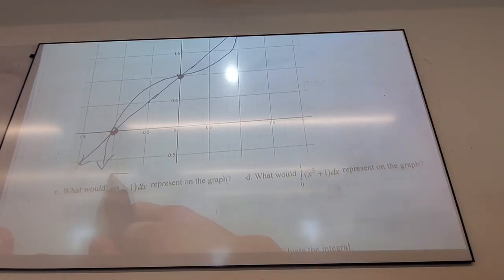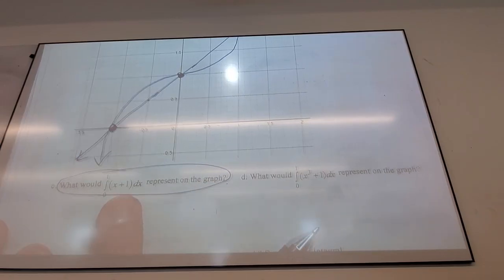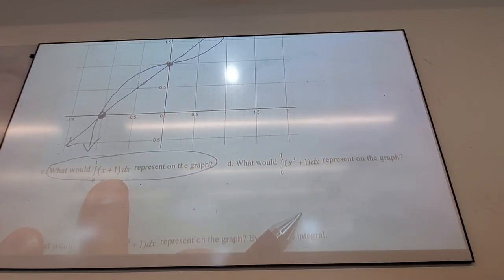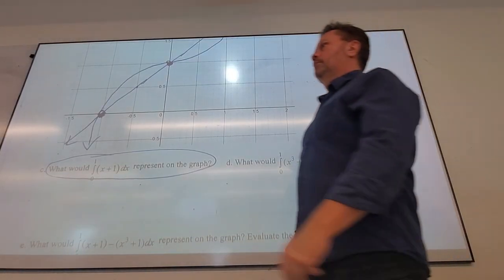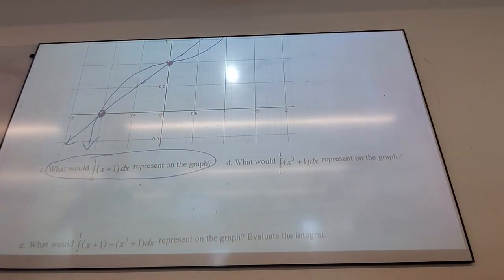So what does this represent? Area under that function, between the line and the x-axis. You guys kind of with me?